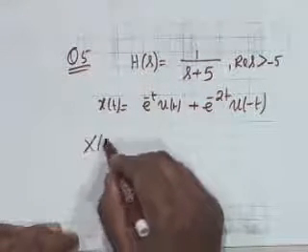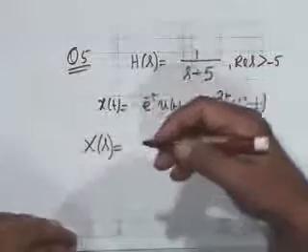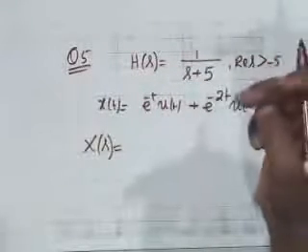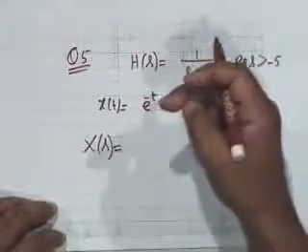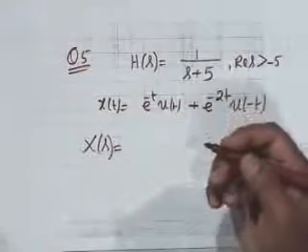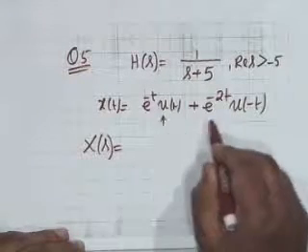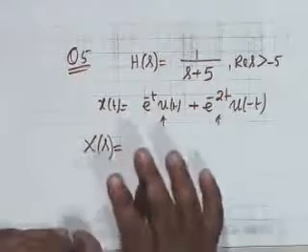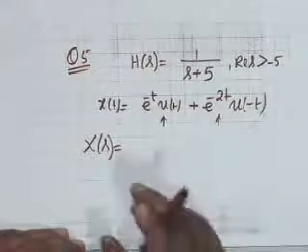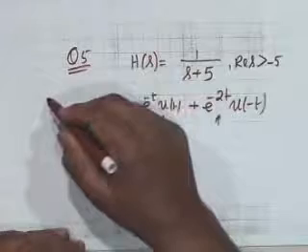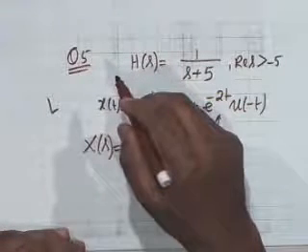Now, it is very tempting to find out capital X of S, multiply by H of S and invert, but that cannot be done. Because for X of S, there is no ROC. There is no intersection between the ROCs of this, and therefore capital X of S doesn't exist. So what is the solution? Solution is superposition. It is not given.